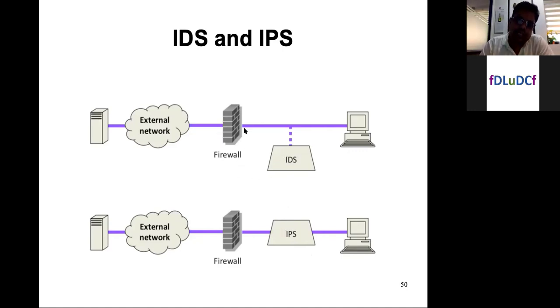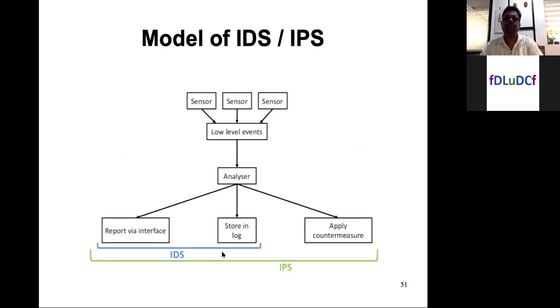If this is the application level firewall, then IDS can feed back to the firewall. That is what we call IPS, intruder prevention. We can run IDS and feed that intruder information back to the firewall, and the firewall can block the traffic. Then it works as an IPS. That is why I said all modern firewalls come with all those features: typical filtering rules, plus detection features and prevention features.